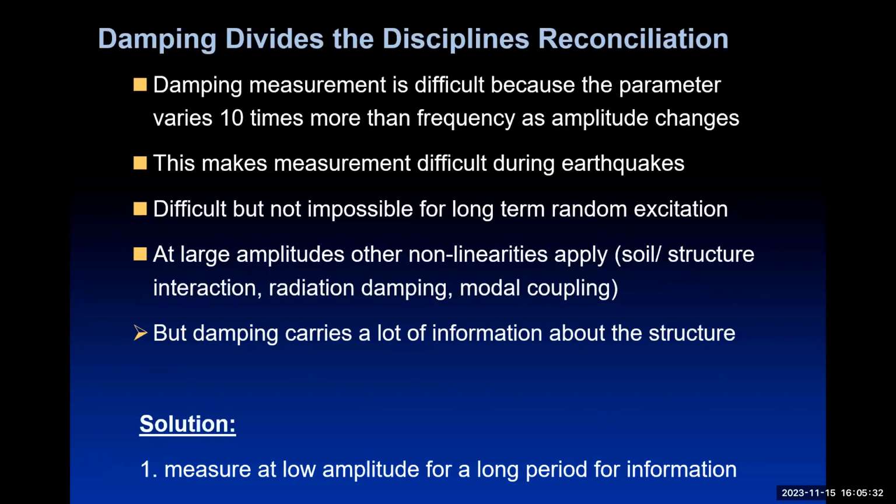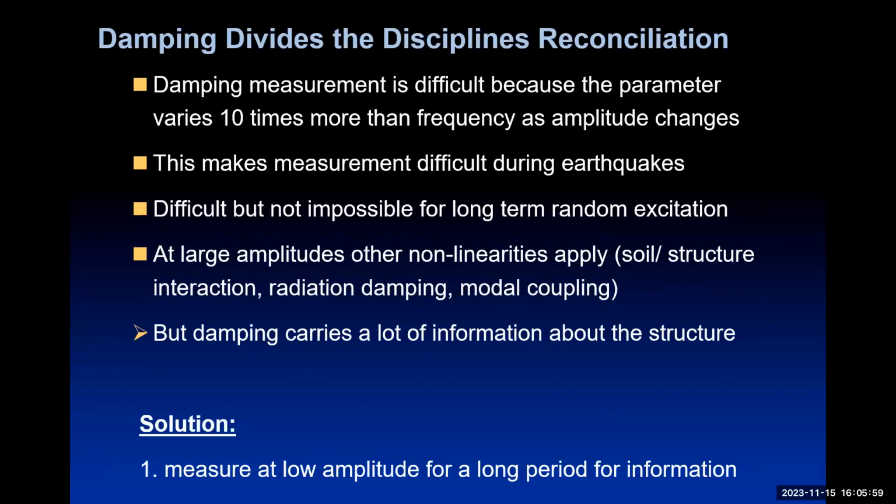Let's forget damping because it's too difficult. In wind engineering, they've said, no, we know that a lot of things are caused by low damping ratios, and we get failures because of that. So it's difficult still in wind engineering, but it's not impossible for long-term random excitation.